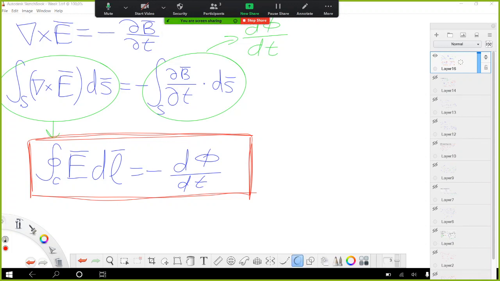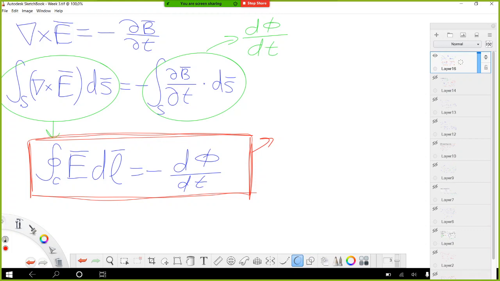This equation is known as Faraday's law.